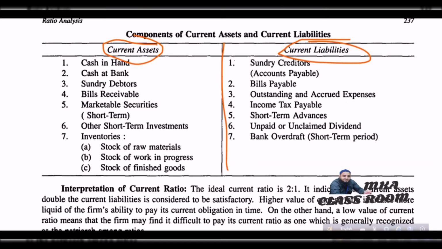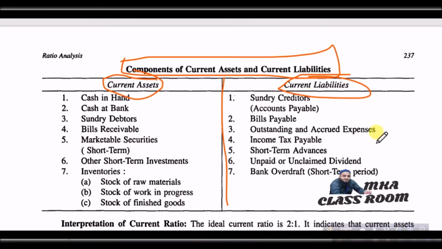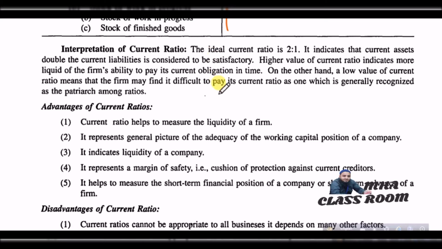These are the components of current assets and current liabilities. The interpretation of current ratio: the ideal current ratio is 2:1.